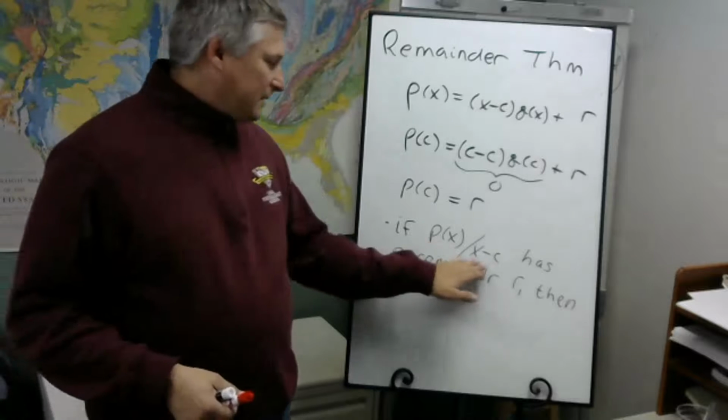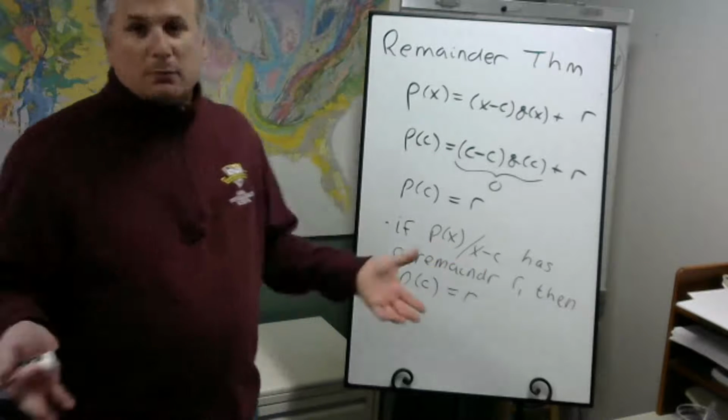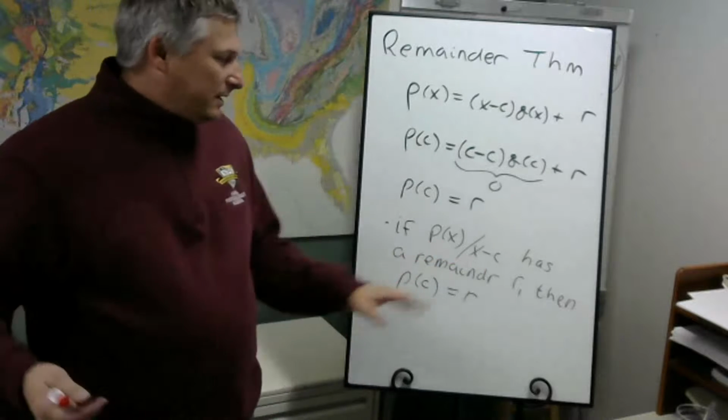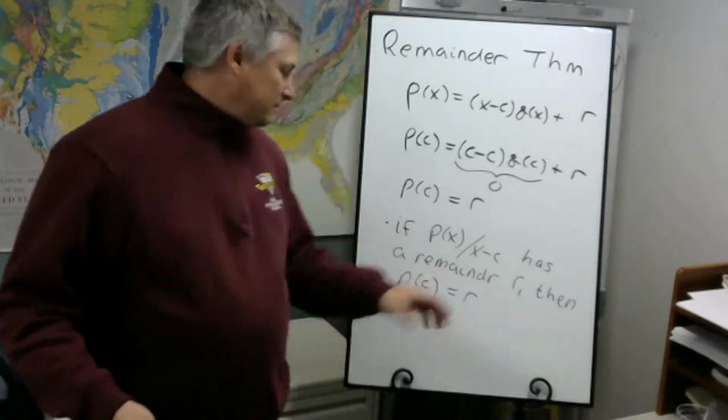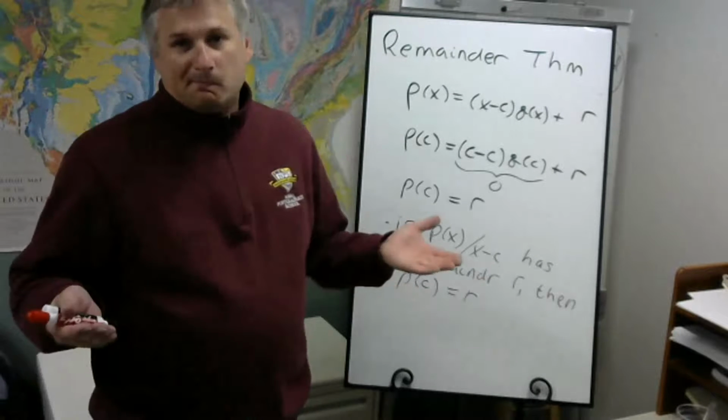So if we divide this by x minus c, we're going to get some remainder R. Well, we can come up with this remainder R by computing P of c.